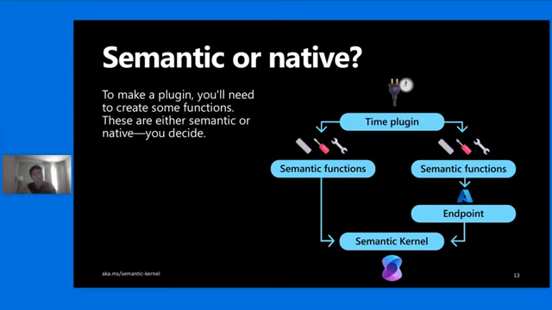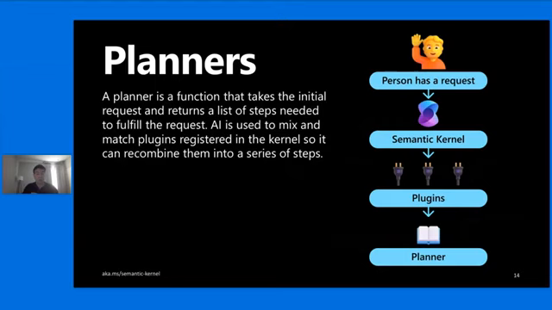And on the other side, you have the native. The native is in your code, creating in C#, in Python, in Java, whatever you have. So you have these two flavors. And we're going to see one of them.